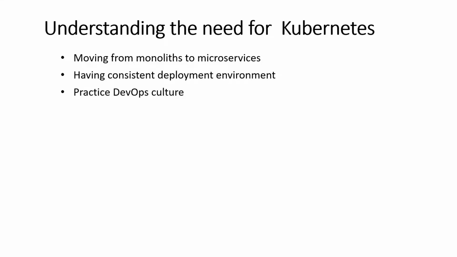Practice DevOps culture. In the past, developers' job was to develop the application and hand it off to the operations team for deployment and maintenance. But now, organizations are realizing the benefit of having the same team that develops the application also take care of the deployment plus the whole life cycle. This is known as DevOps.